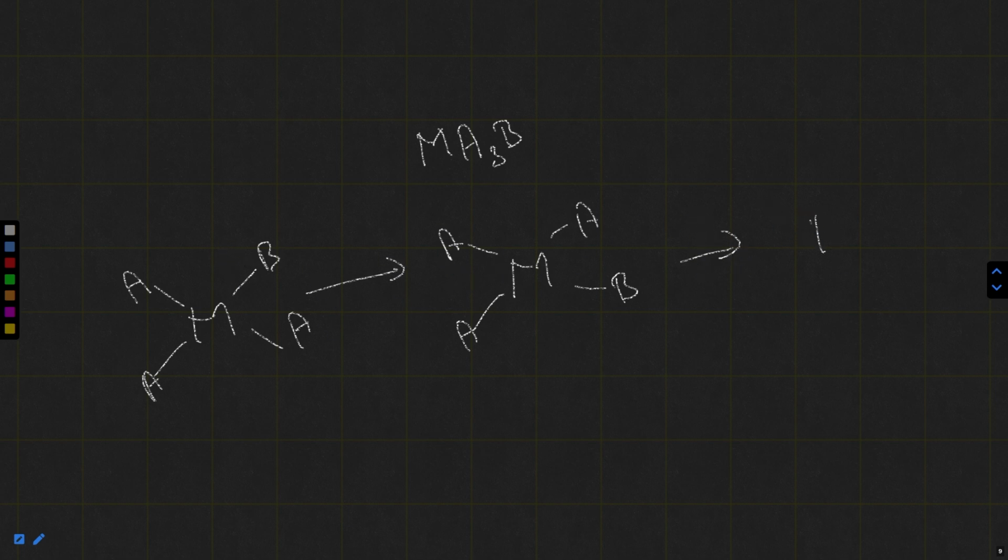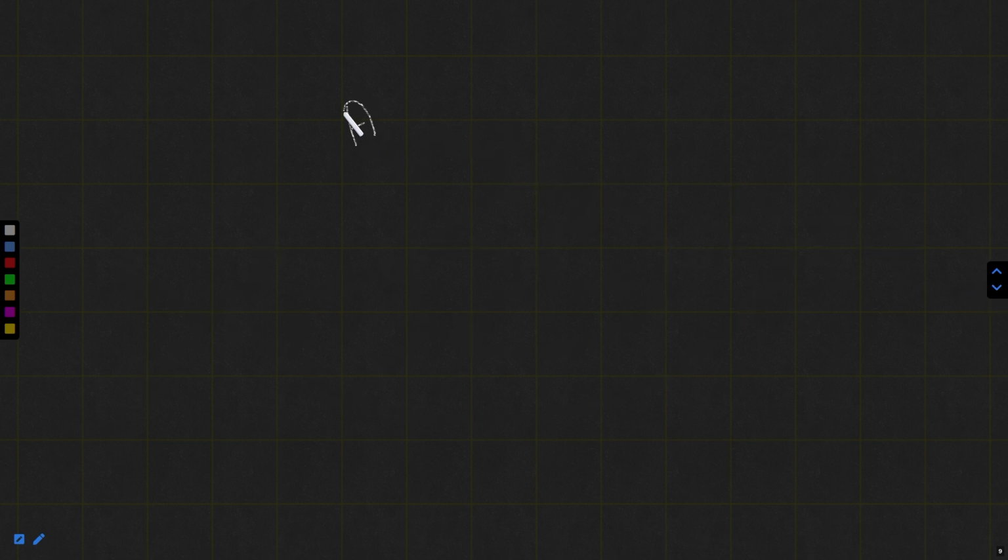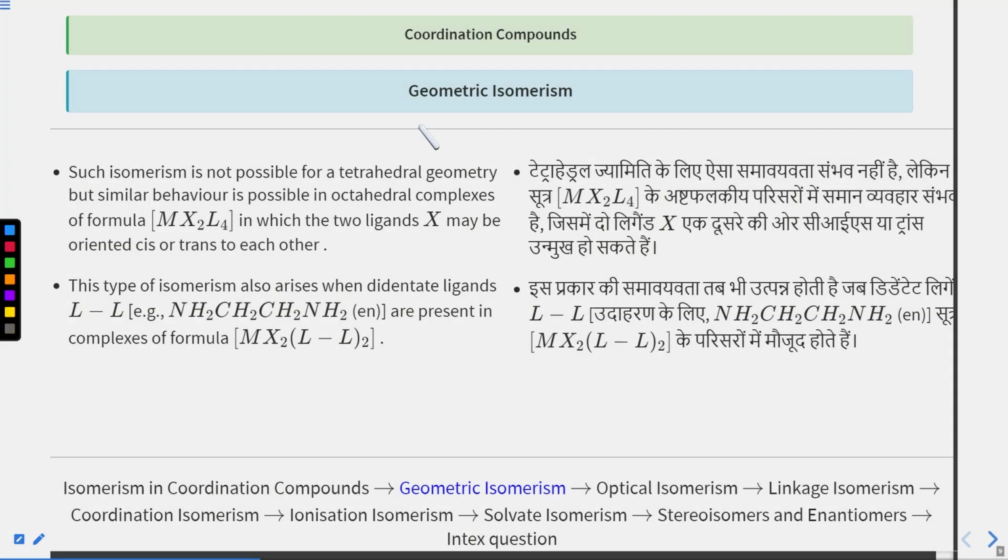If you put this B here, then again just rotate it once or twice, you will get the same structure. Okay. Or if all four ligands are different, then also it will not show any geometrical isomerism. Clear? So only square planar complexes of the type MA2B2 will show our cis-trans isomerism.